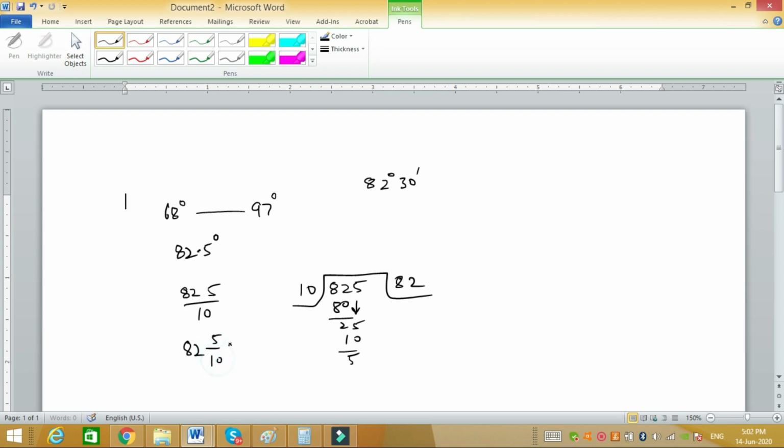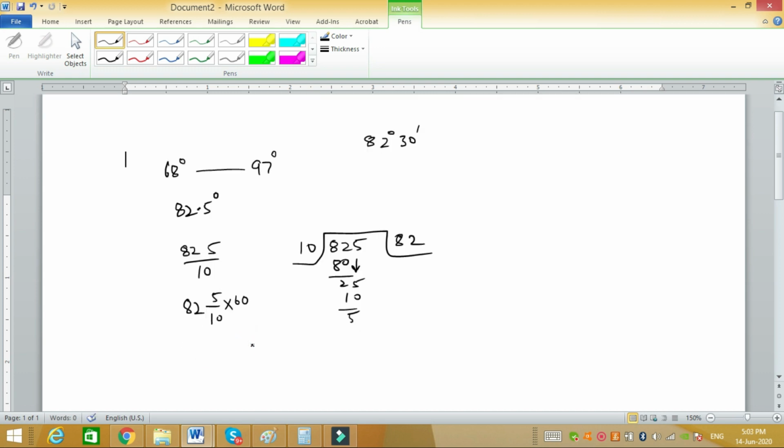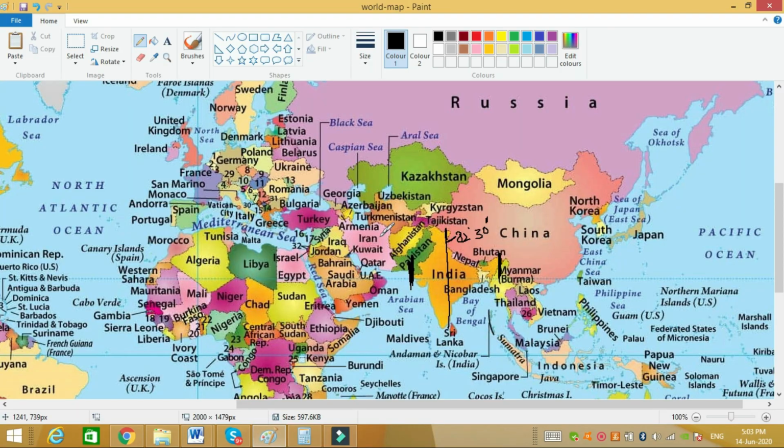Now multiply the fraction with 60 to convert it into minutes. So this comes to be 82 degrees and 5 6s are 30 minutes. This is how the standard meridian becomes 82 degrees and 30 minutes, which I showed you here.